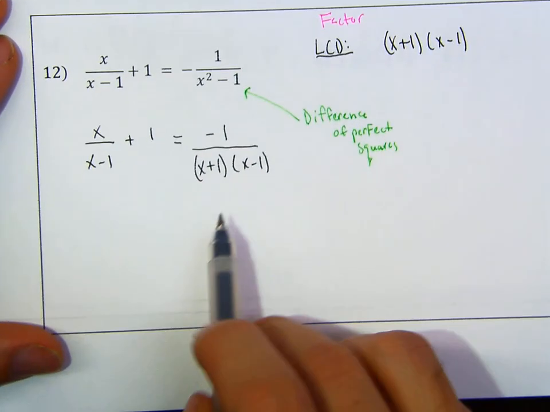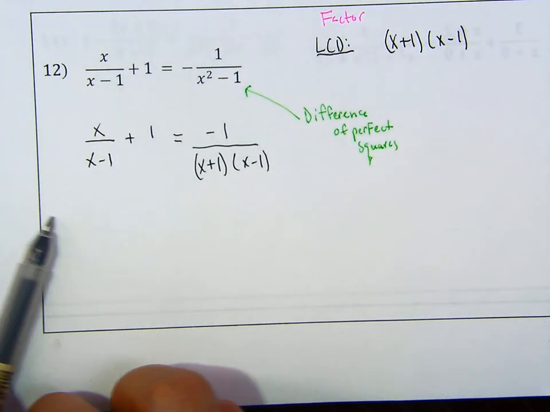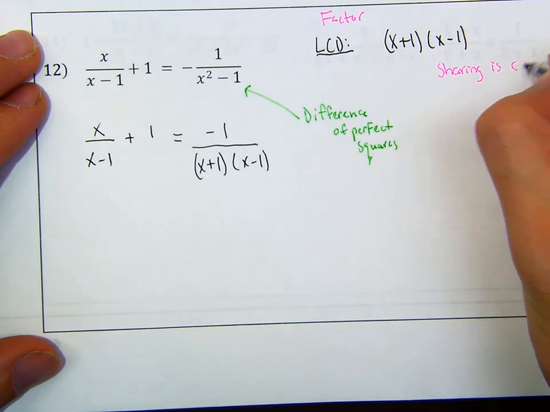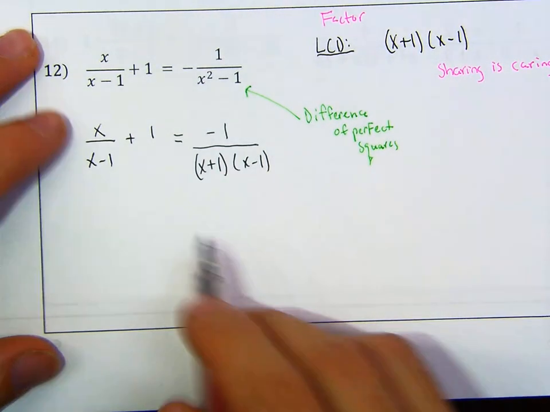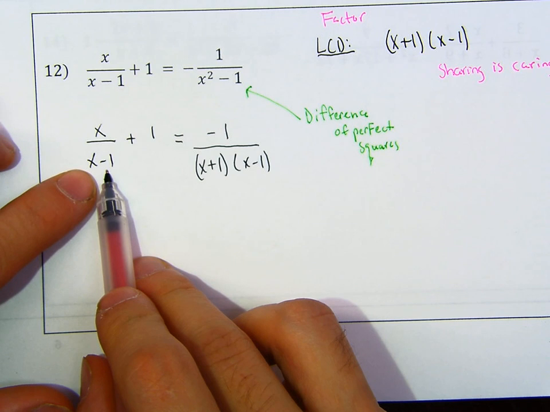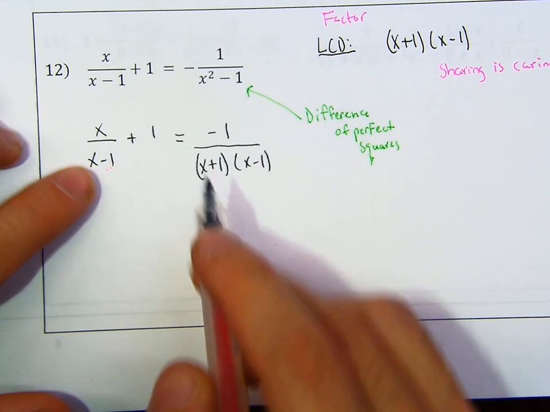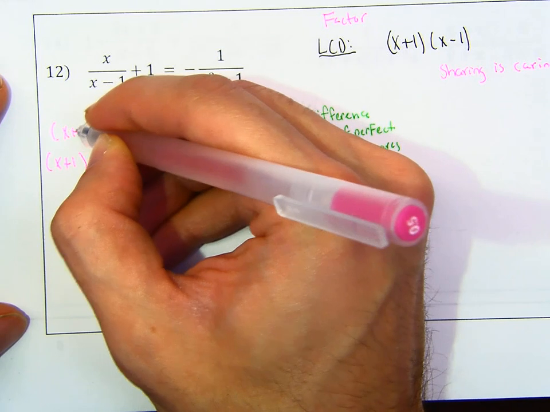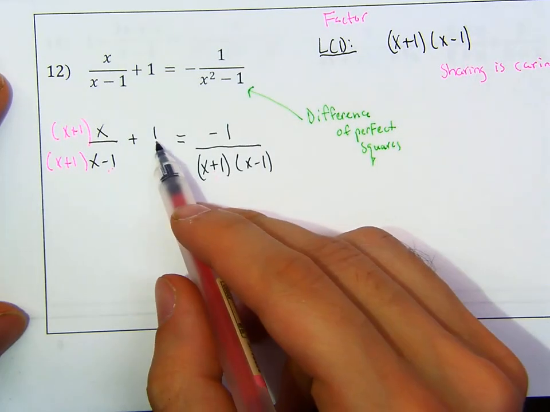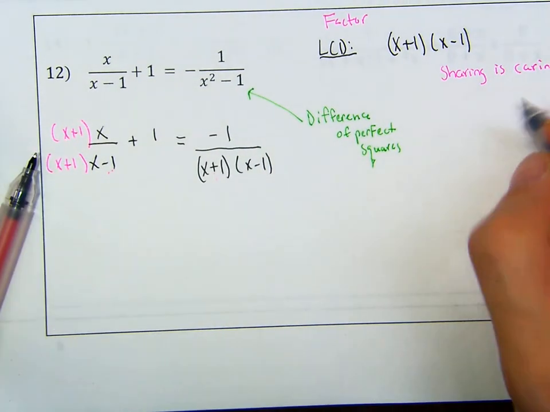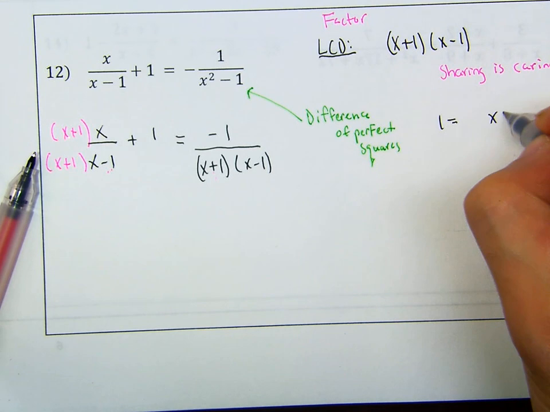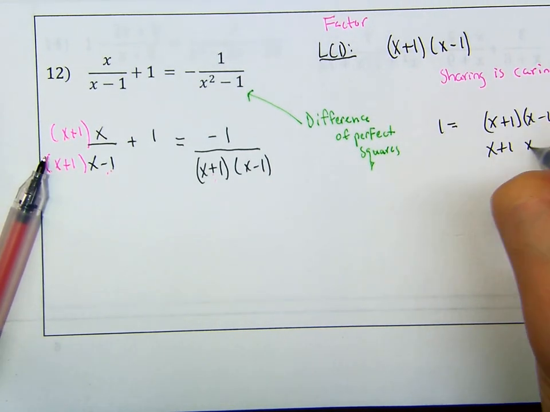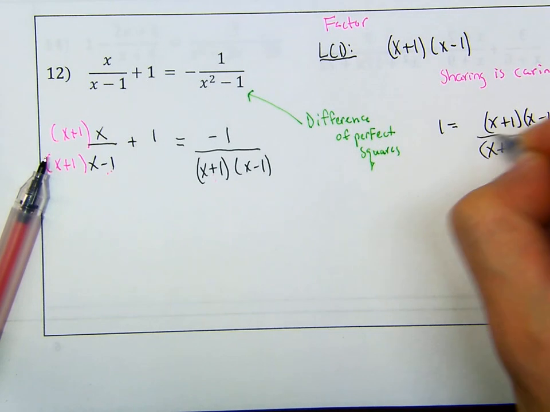And now here, notice that we have to talk about that idea of sharing is caring, right? You see here, this has x minus 1. What is it missing? It's missing that x plus 1. This doesn't have anything. And so notice that 1 is equal to x plus 1, x minus 1 over x plus 1, x minus 1.